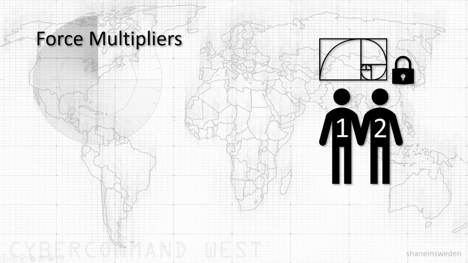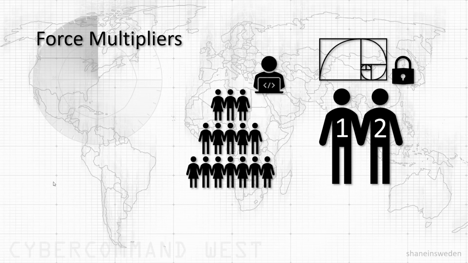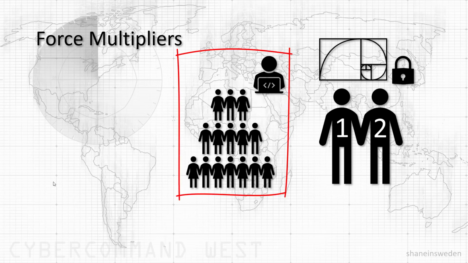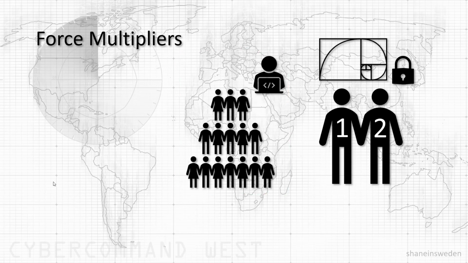So we always need to be thinking about what force multipliers we can use to amplify the efforts of our two application security specialists. One possibility is to delegate responsibility for a lot of your application security activities to your dev teams, your developers, your testers, your software architects, your Scrum Masters.